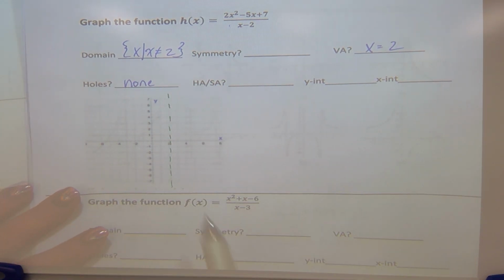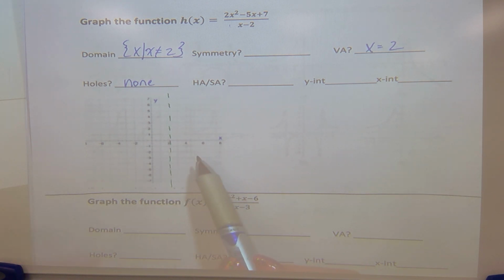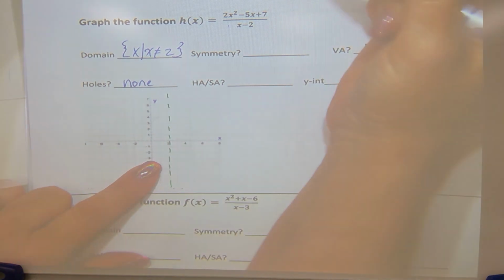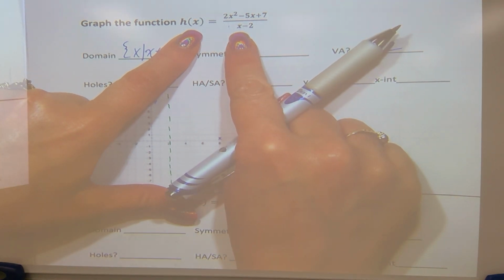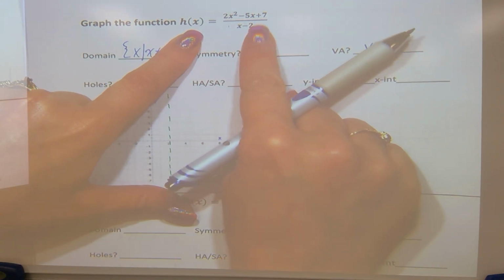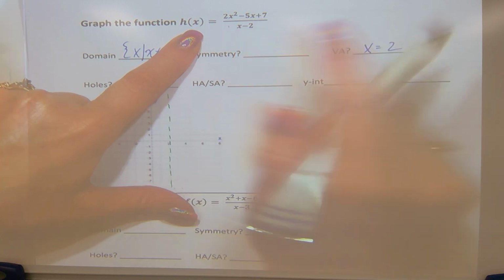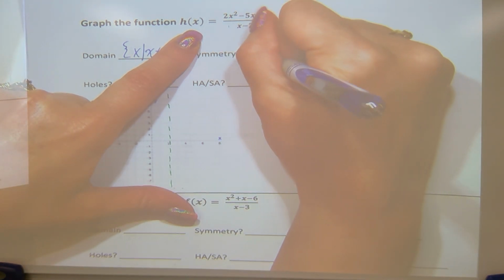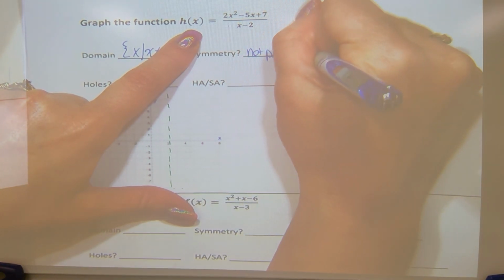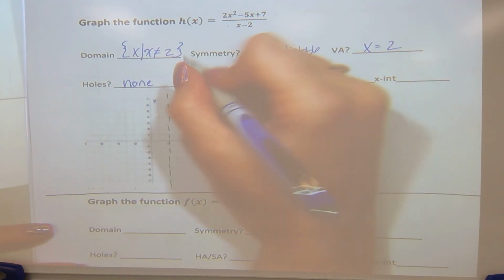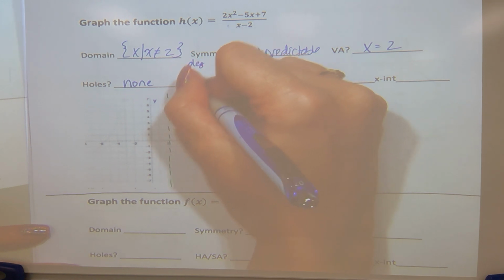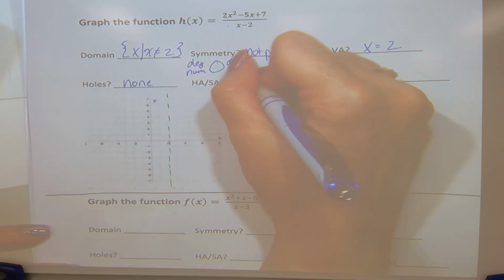Symmetry, if I look at symmetry, since my vertical asymptote's over here, I do not expect to find any symmetry. If I plug in a negative x, that changes one term in my denominator, not the whole denominator. That causes me a problem right away. So symmetry, we're going to say, is not predictable. Horizontal versus slant asymptote, I compare the degree of the numerator to the degree of the denominator.